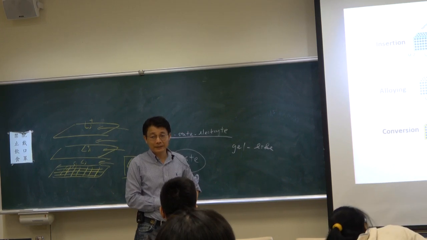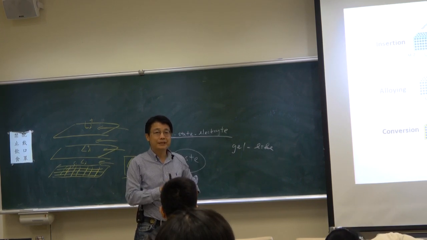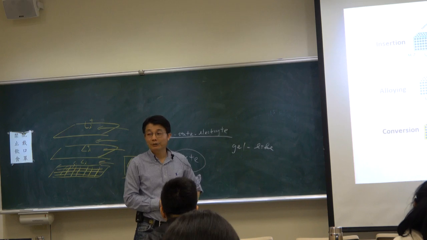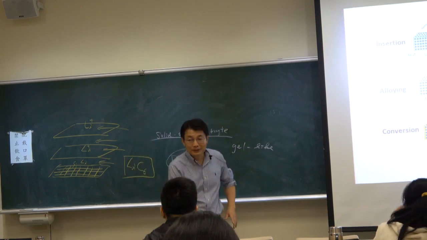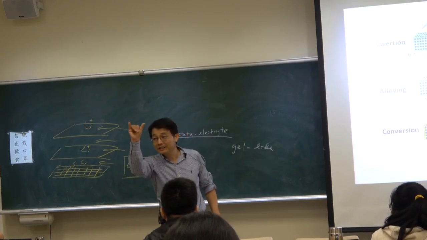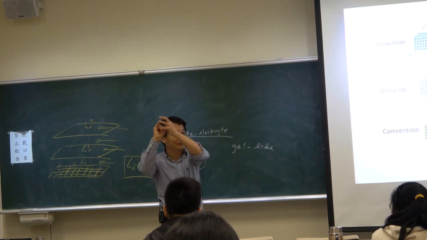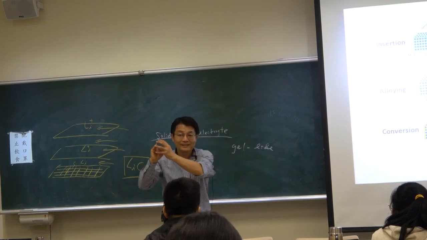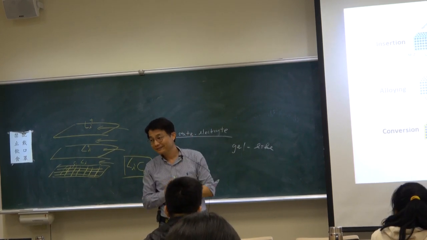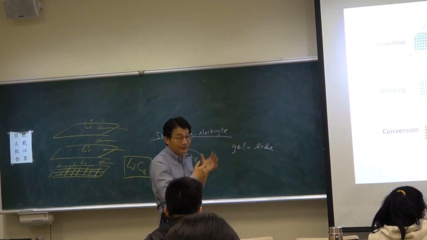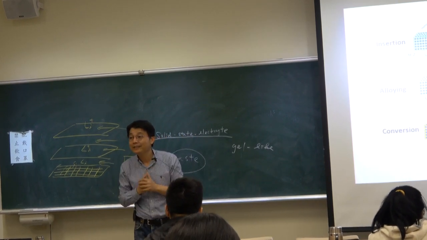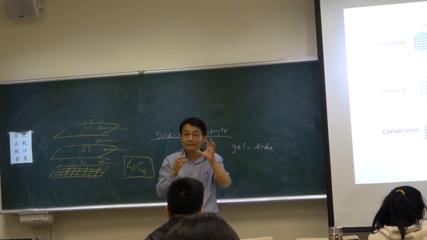The capacity has a limitation. Do you know why? Because you need to provide six carbon and only accommodate one lithium, right? So the capacity will be less, right? Some materials, like CNT, can accommodate more lithium.